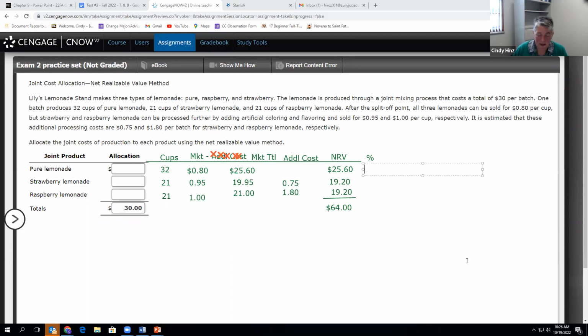And now we can calculate our percent. $25.60 divided by $64. 40% of the net realizable value is from the pure lemonade. And then of course the other two are going to be the same. They're $19.20 divided by $64, and that will be 30% each. Again, that column has to add to 100%.